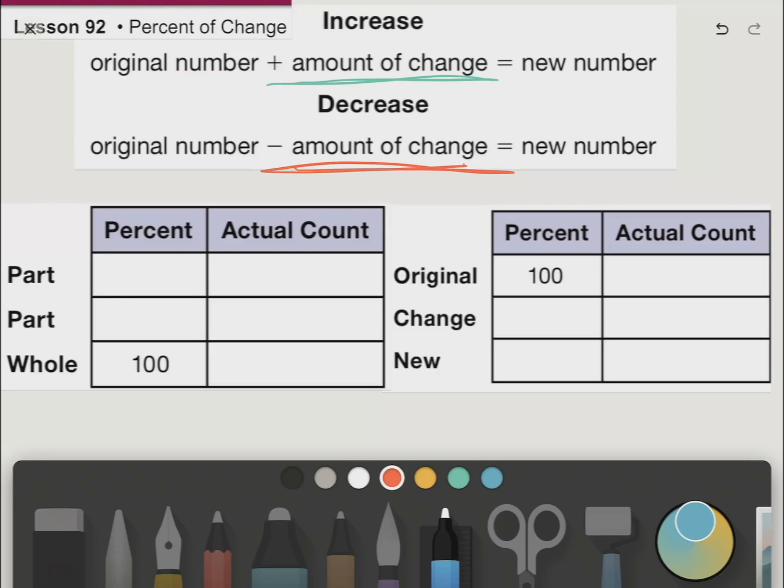So an original number and an increase of the amount of change will get you a new number. An original number and a decrease will also get you a new number. Now, this first chart is more like the ones that we've already been doing.